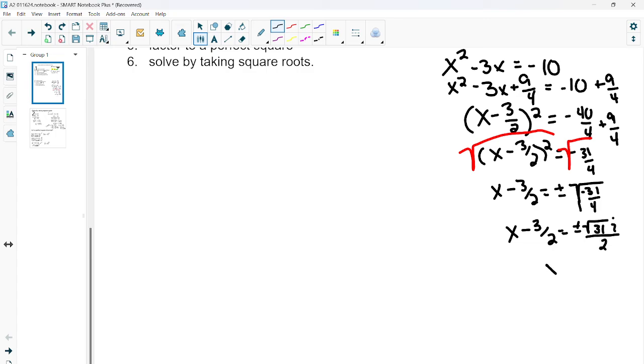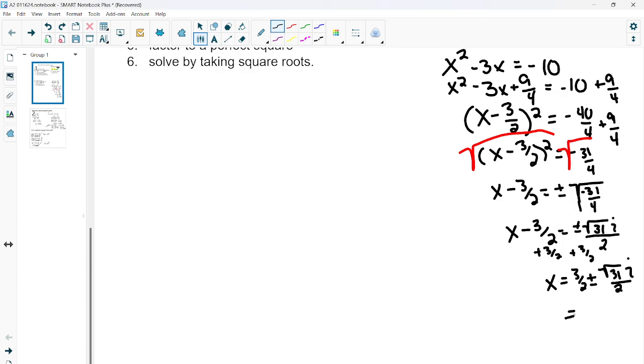Okay, then if I add this 3 halves to the other side, let me just move that down. Then what I will have is x equals 3 halves plus or minus the square root of 31i over 2.